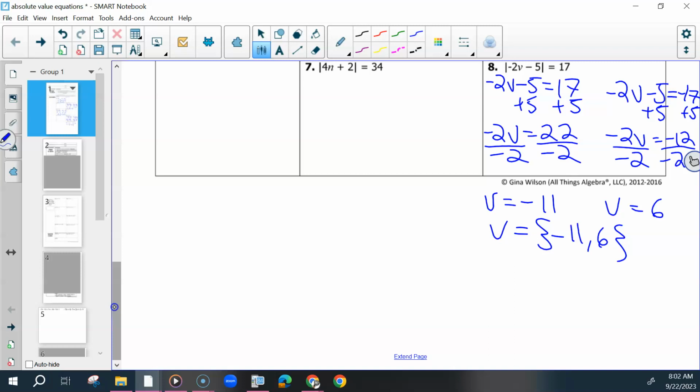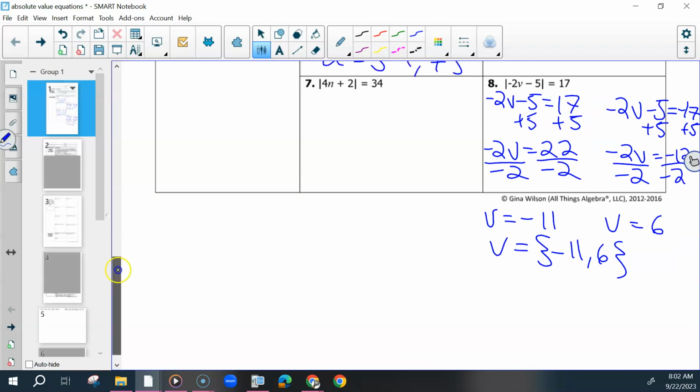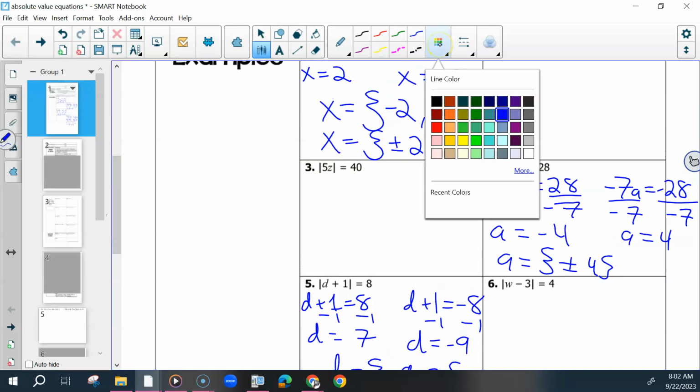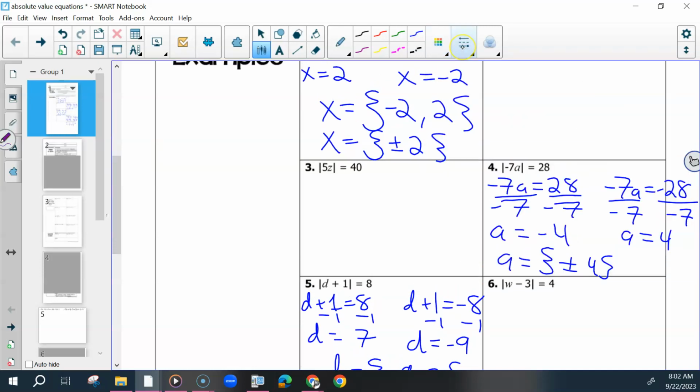Okay. So it's already isolated. What would be the next step? Make the 40 negative and positive. Drop the absolute value sign, set it equal to the positive version and the negative version. And then divide.